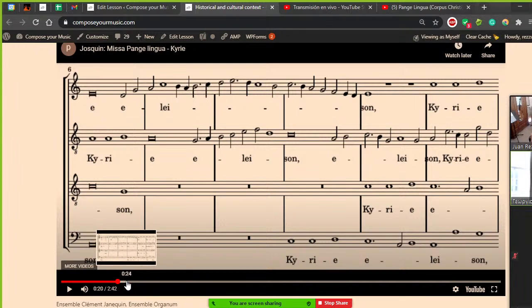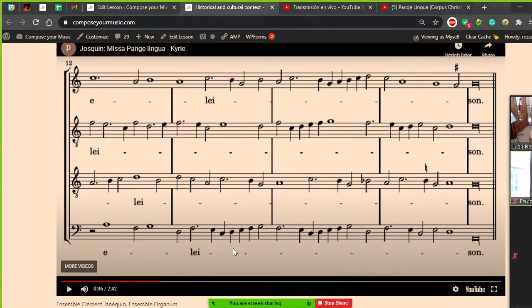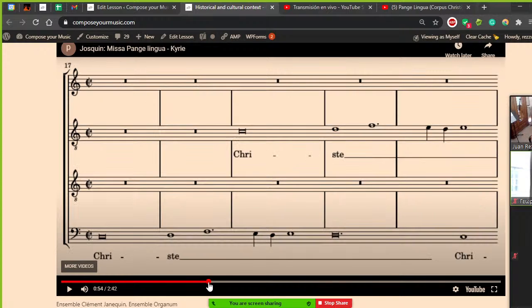And then when you have the Kyrie eleison, Christe eleison, this is about the word, the lyrics, let's say. We're going to see that next week.